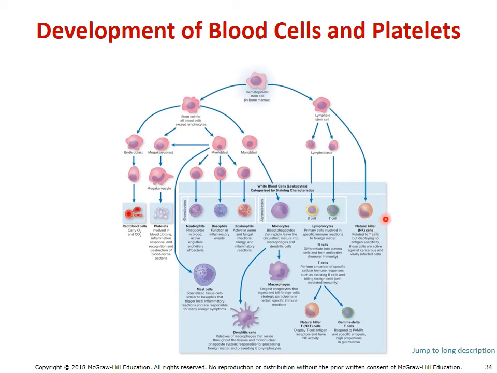The NK cell is going to be like a T cell, except it lacks a lot of the specificity. So this is not as specific as the T cell was, and as a result we consider this to be a non-specific cell.